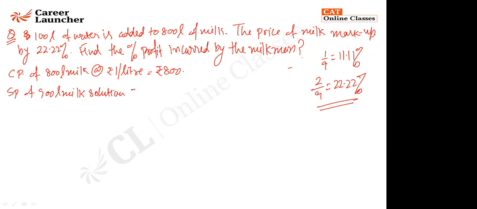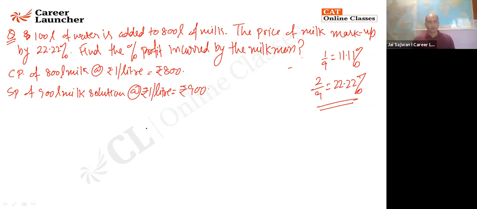If I'm selling it at the same rate of ₹1 per liter, it is going to generate ₹900 for me. I just added water, and say we are not expecting any profit. The price at which I bought it, I'm going to sell it at the same price, that is ₹1 per liter. So that will fetch me ₹900.